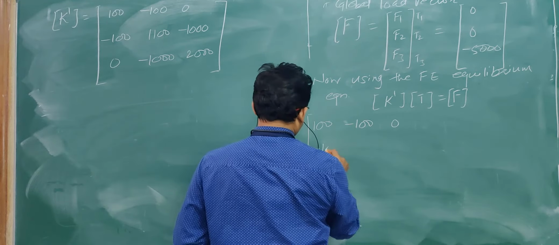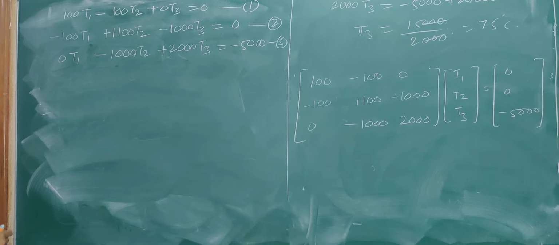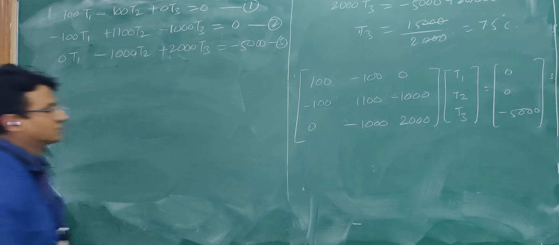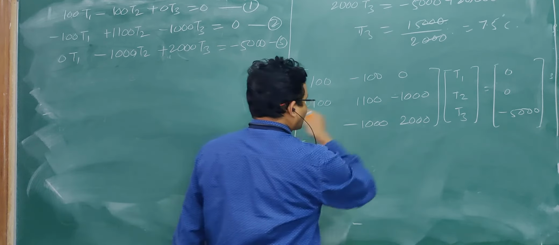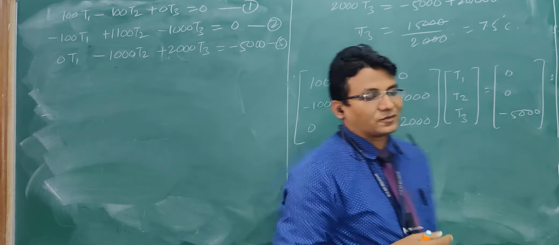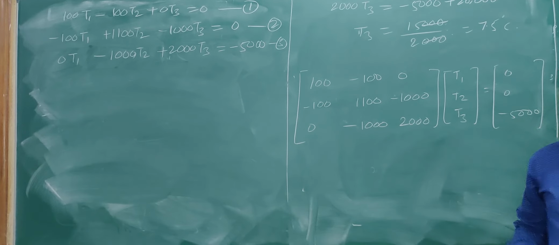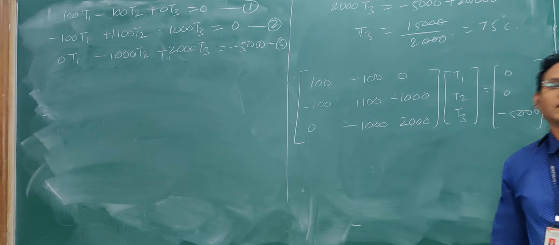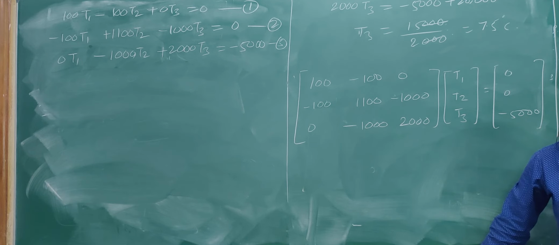From this matrix, I can write these three equations. So 100 T1 minus 100 T2 plus 0 T3. It is the same matrix represented in terms of equations. But as we know, in the elimination method, usually we delete a particular column or row depending upon the specified boundary conditions.